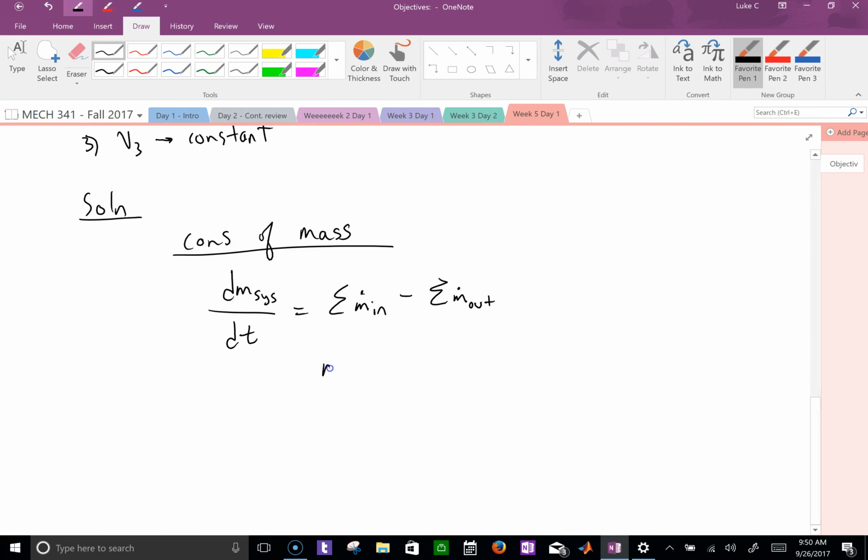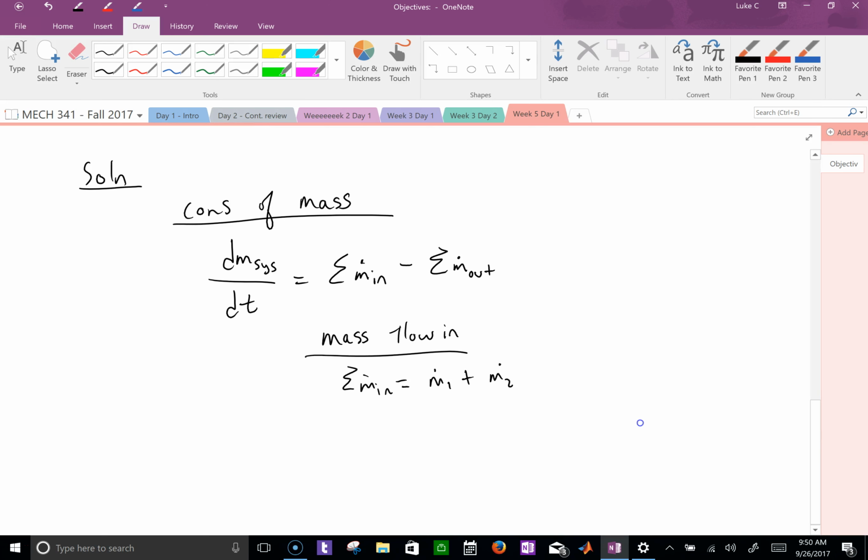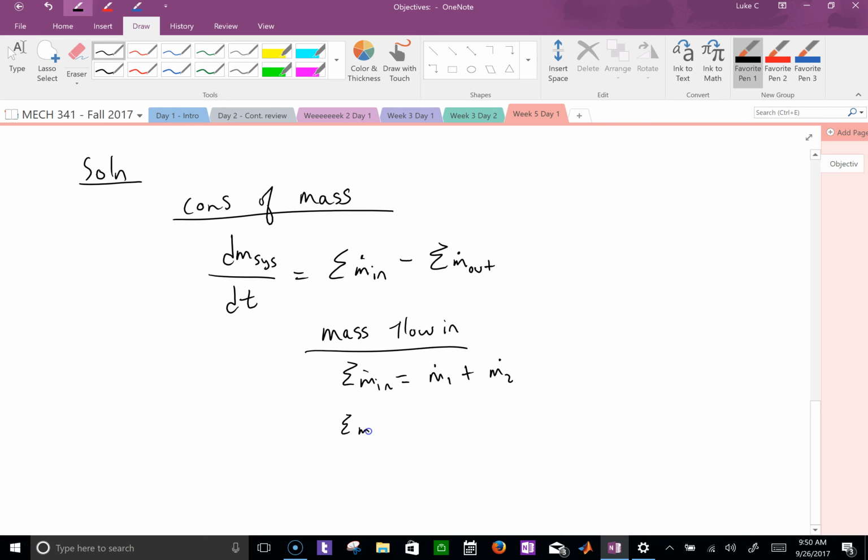So let's find mass flow rate in. The summation of m dot in equals m dot 1 plus m dot 2. M dot 1 was given, right? Yep. And m dot 2, you remember that equation?